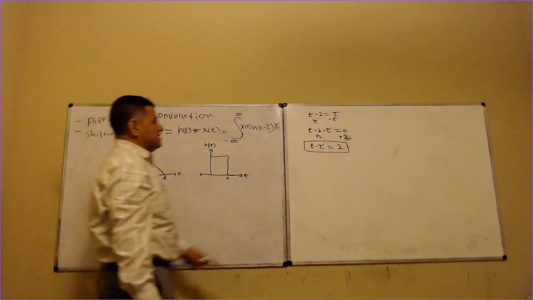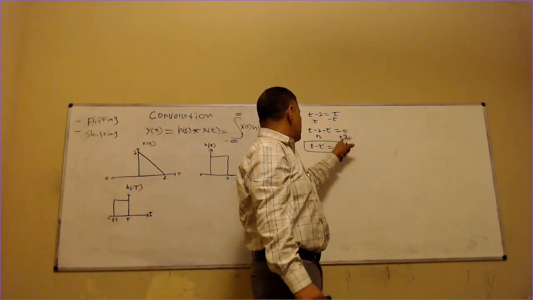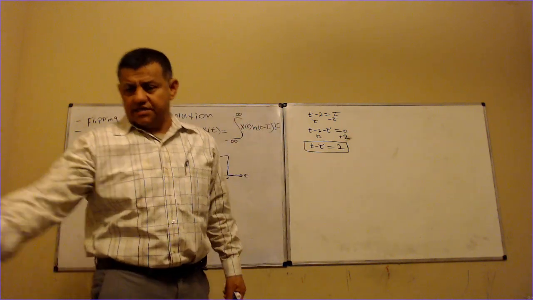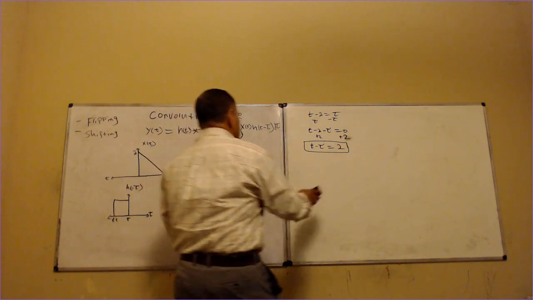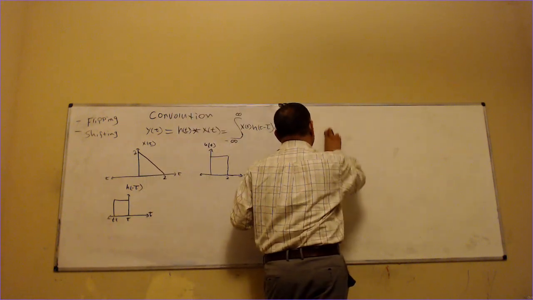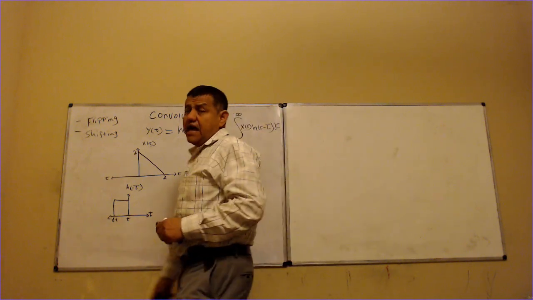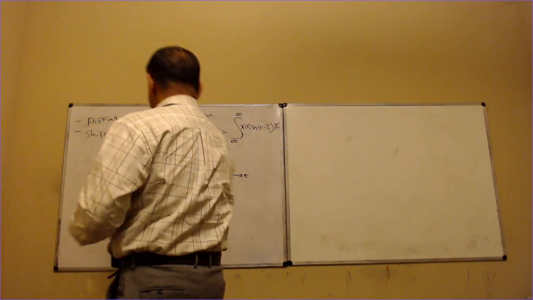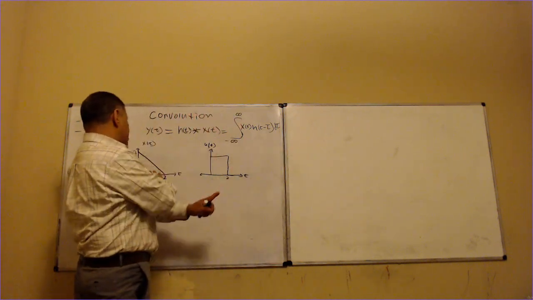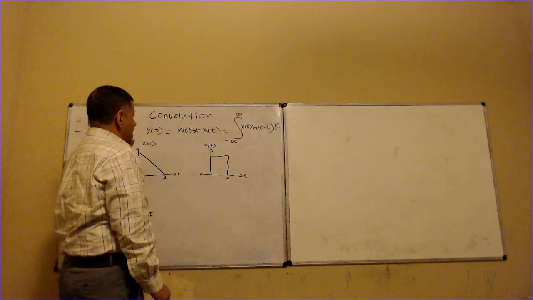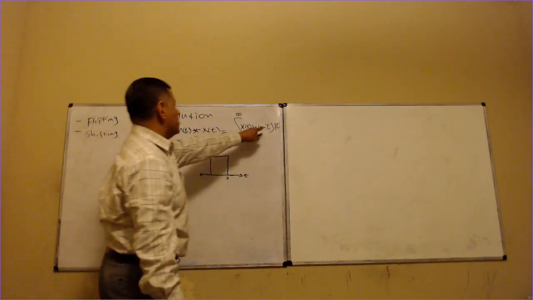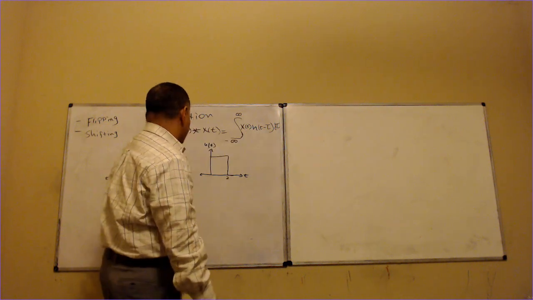That will count as a negative 2. That's how we do it, from basic algebra. And that's how we know how much we shifted. Flipping is not an issue, you just flip to the other side, and shifting is the one that requires a little understanding of what that t minus tau is equal to.